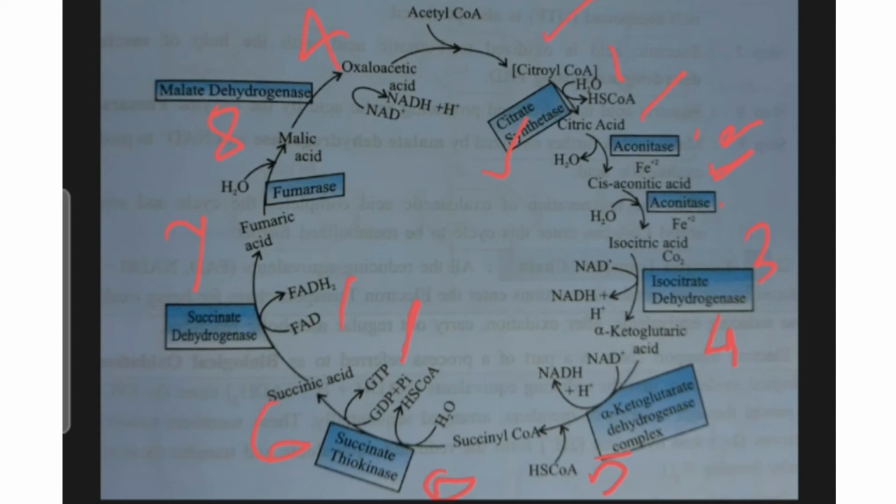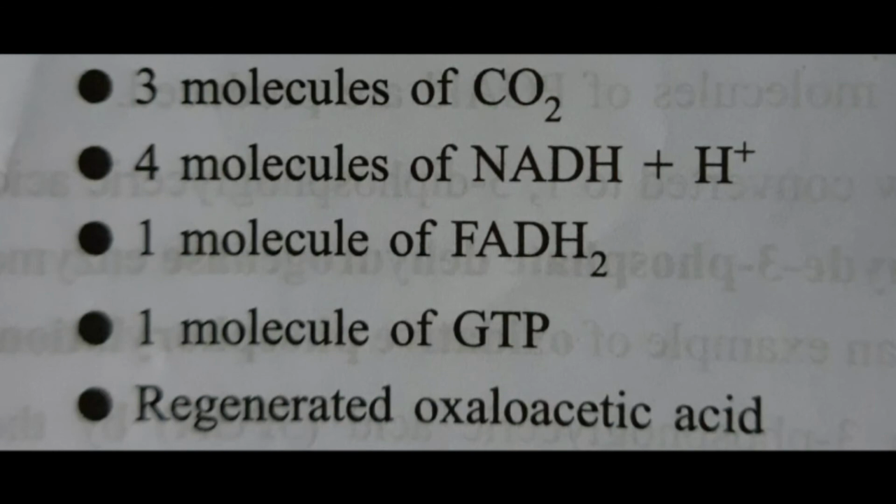Another acetyl CoA can enter this cycle and be metabolized further. That is why it goes as a cycle and does not stop in our body. This is the list of the end products formed in the Krebs cycle that I already told you about.